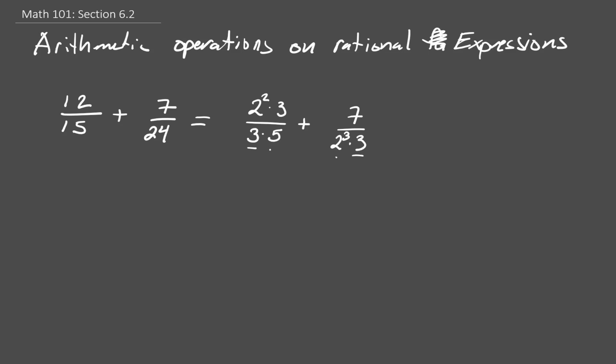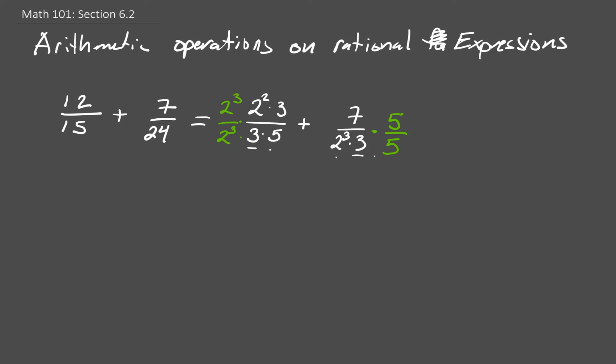So to get common denominators, if I want a 5 over on this side, I'm going to have to multiply the top and the bottom by 5, right? So let's do that here. So we're going to multiply the top and the bottom by 5 so that I have a 5 in the denominator there. And on this side I need 3 more 2's, so I'm going to multiply the top and the bottom by 2 cubed so that we have a common denominator of 2 cubed times 3 times 5, right?